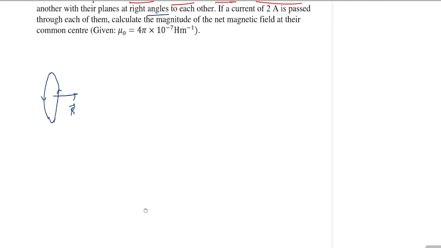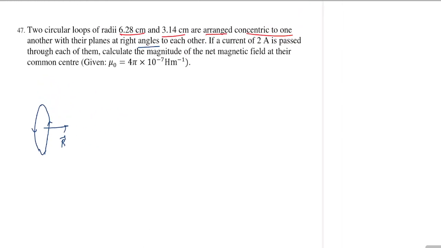So if you have two loops, their planes are normal to each other. So we can take one loop like this and one loop like this. Let us call this loop 1, this loop 2. Let us assume that the current flows in anti-clockwise direction in this as well as anti-clockwise in this.